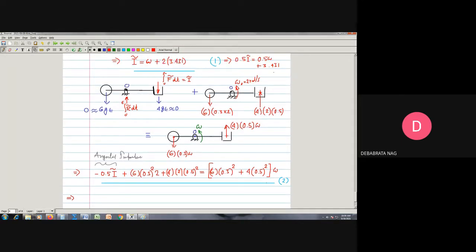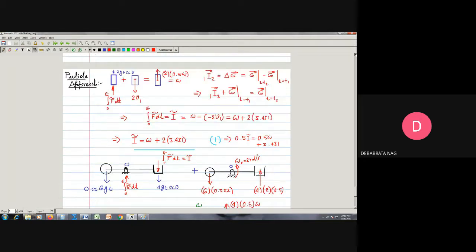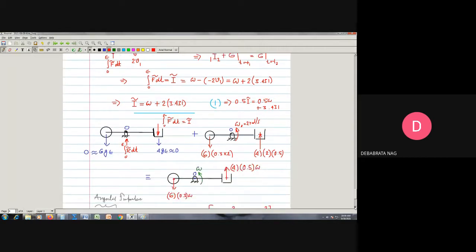So therefore, I just add these two. I get, we see from here that it is turning out to be equal to F tilde minus 0.5.